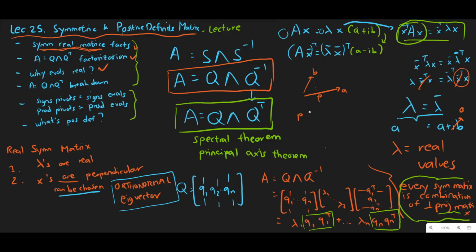P is some kind of ratio of A, and the ratio itself is A transpose B over A transpose A. This is the x, right?